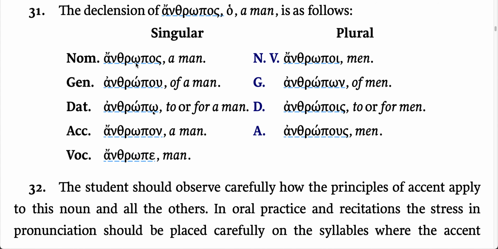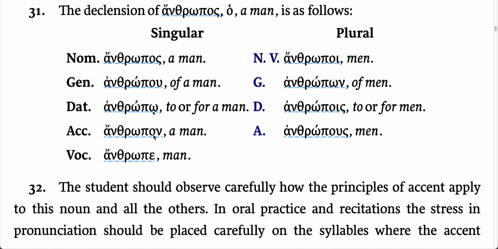Because once you know what the stem is, you can put the stem down on each one of those, write them down on your paper, and then you can put in the endings, and that way you'll know what the endings are. You can memorize them. And you want to say to yourself, okay, the nominative singular ending is os. Genitive singular is ou. Dative singular is omega with that iota subscript. Remember, the iota subscript is voiceless. You don't actually say anything with it. You're just pronouncing the omega, but you want to remember that it has that iota subscript on it.